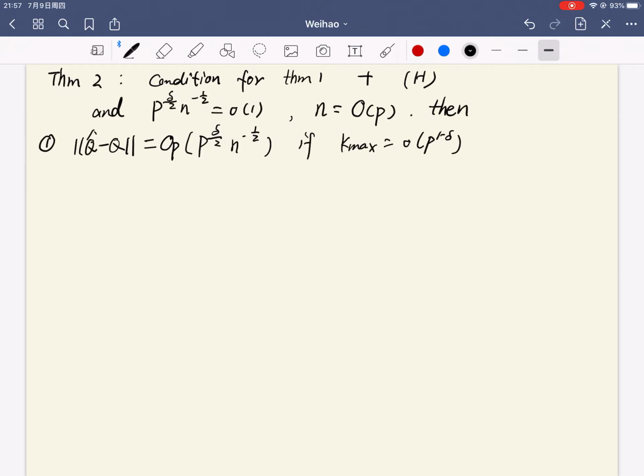We still have two scenarios, weak and strong cross-dependence between the latent factor process and the error.